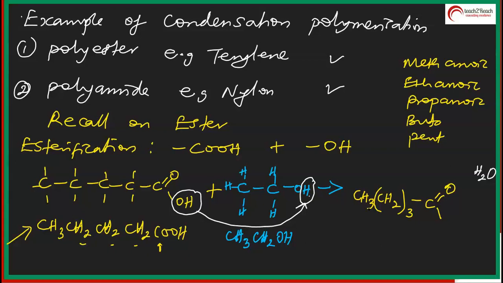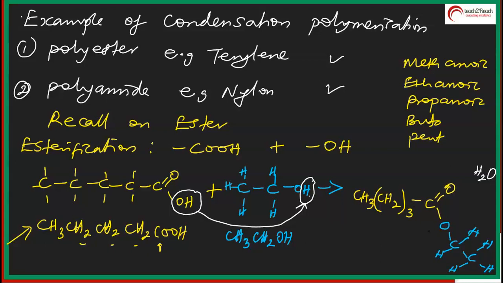I have my CH3 and my CH2, CO, because OH has been lost. So the remaining part of my alcohol will join to this: I have my O with my CH2 and my CH3. Can you see that? Yes.